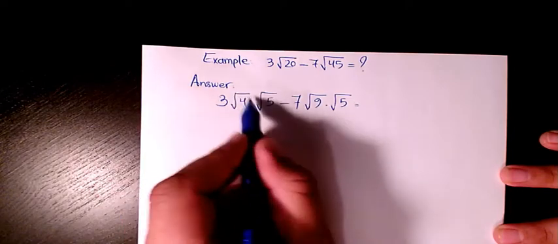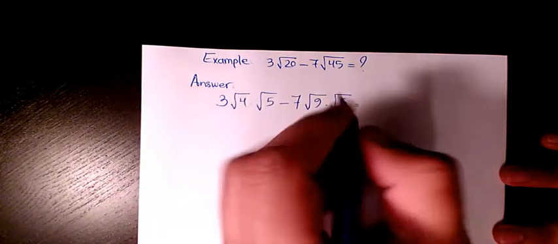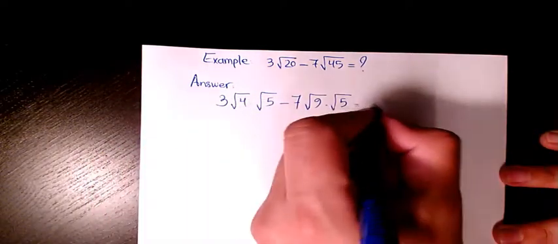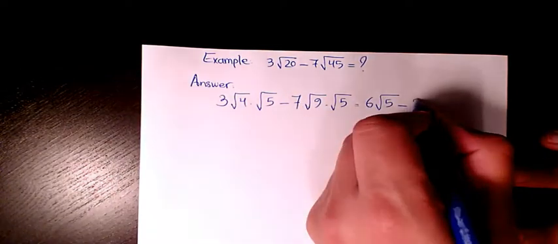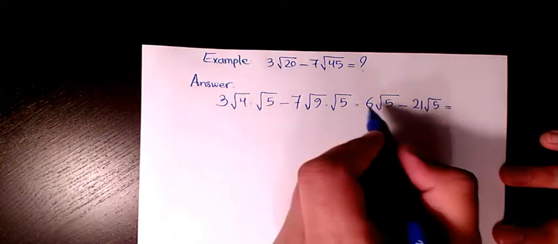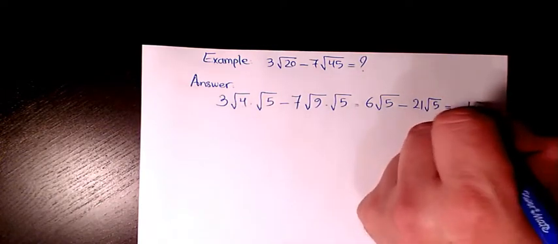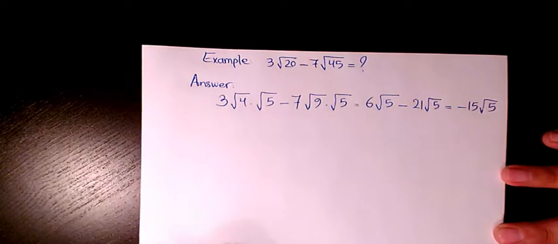Square root of 4 is 2, square root of 9 is 3, so 3 times 2, 6 root 5 minus 7 times 3 is 21 root 5. 6 minus 21 is negative 15 root 5.